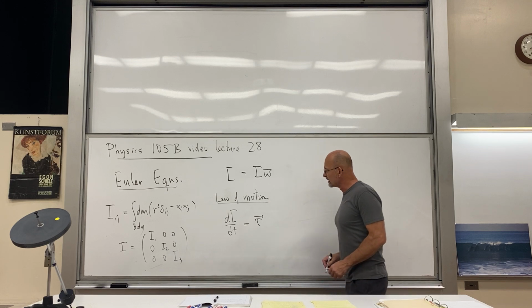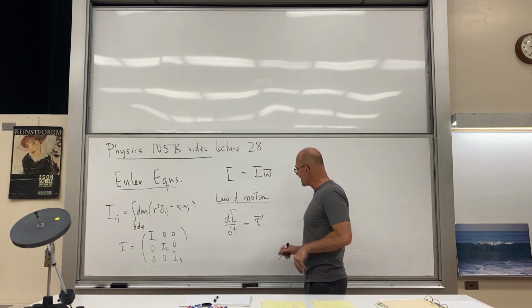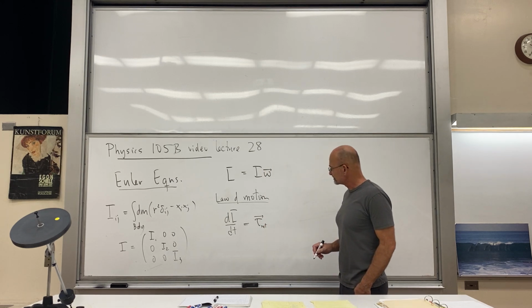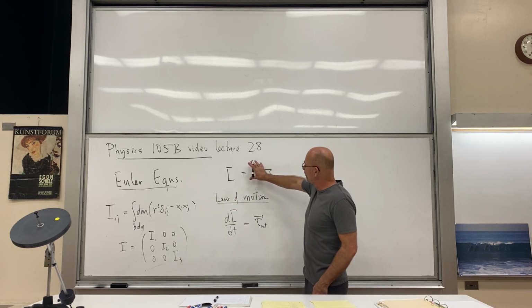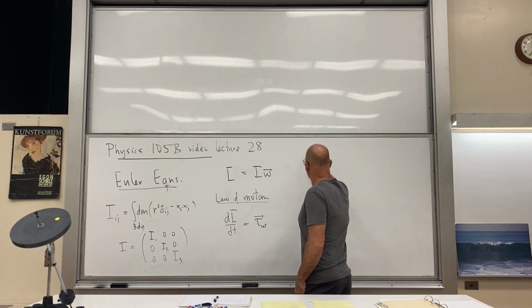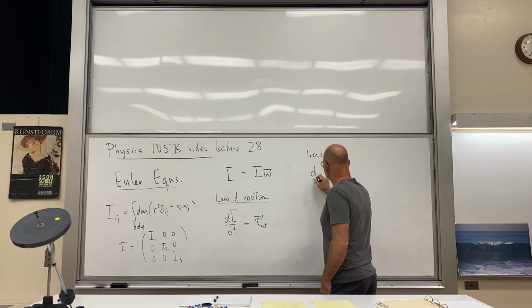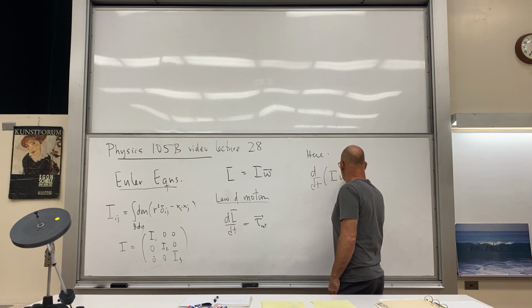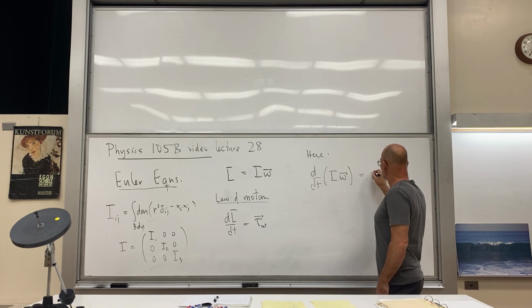So the time derivative of the angular momentum is equal to the net external torque. This we had before, but now we have this whole formalism here. So here we would have d/dt of I omega is equal to this net external torque.